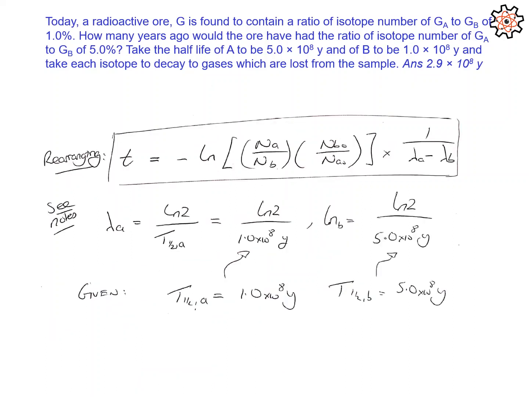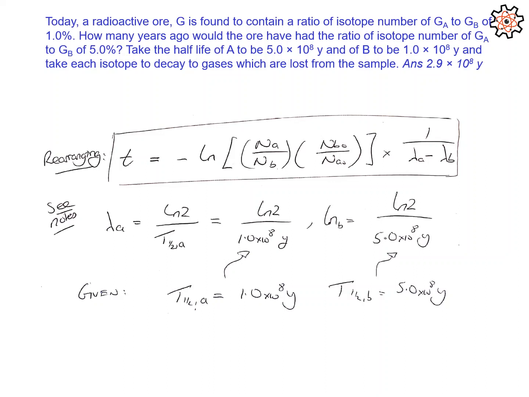And we can rearrange that equation with t on the left. Everything on the right-hand side of that equation, we can determine from what's given in the question. The two ratios of those numbers we know, and lambda a and lambda b are given by ln2 divided by their respective half-lives. There is a typo there, I can see. It's meant to say lambda b there for one of those equations, and it says ln b. It should say lambda b.